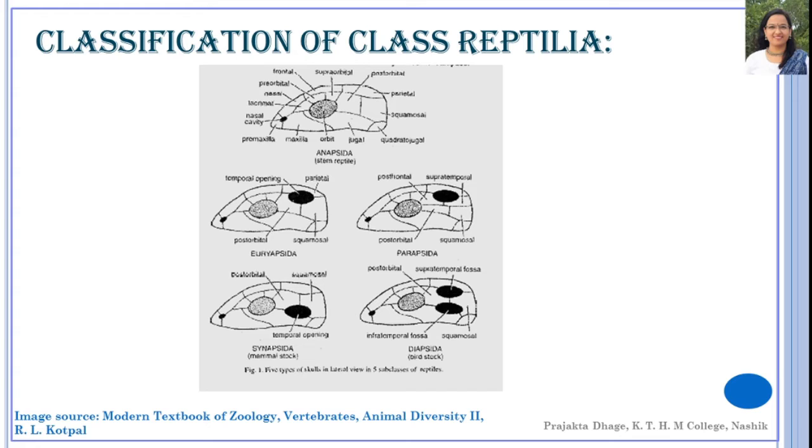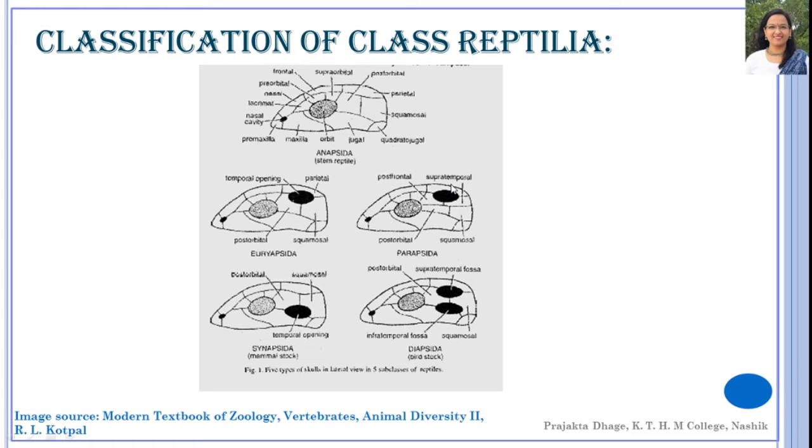In case of Euryapsida, the cavity is bounded by postorbital and squamosal bones. If you see here, you have a postorbital over here and here you have a squamosal bone. So in between these two bones there will be the cavity. Now let's talk about Parapsida. In Parapsida, the single temporal vacuity is bounded by postfrontal.